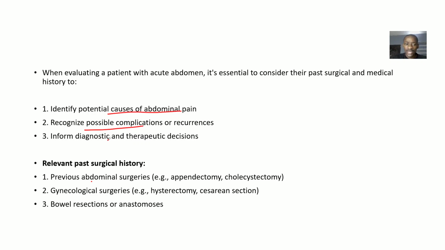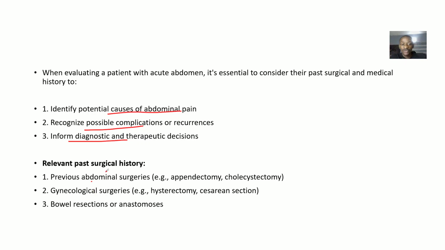And to also help you be informed on diagnostic and therapeutic decisions you are going to take. So it could be that they are having this abdominal pain as a result of a drug they are taking, so you don't use that drug again. All right, so it will help you on decision making too.